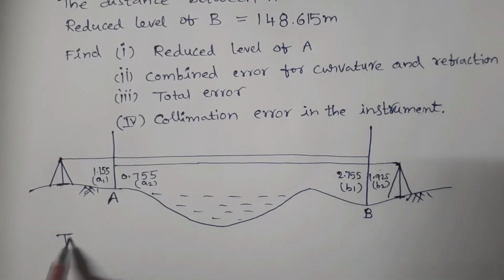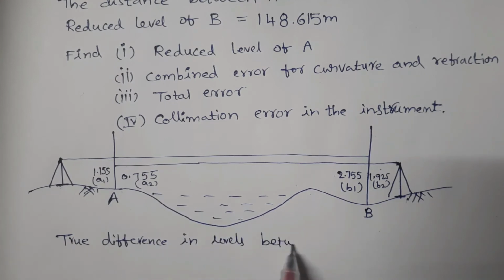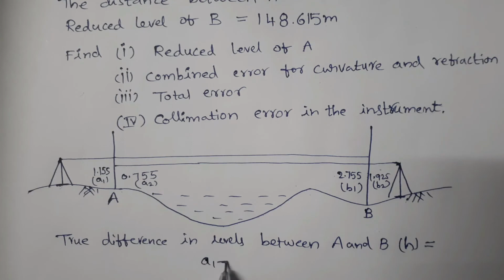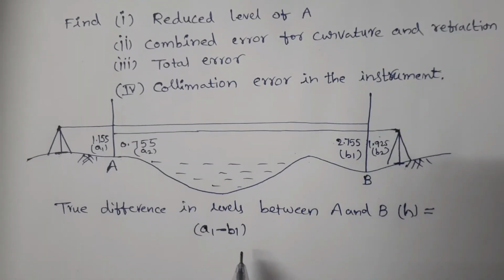The true difference in levels between A and B is equal to A1 minus B1 plus A2 minus B2, divided by 2.